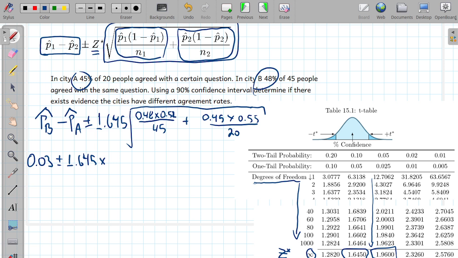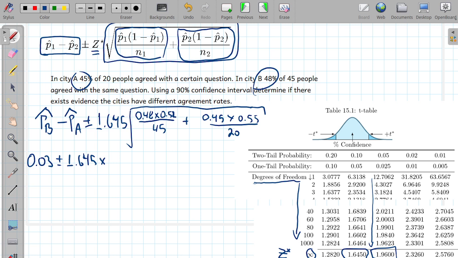Now, my trusty Texas Instruments calculator. I'm a TI guy, been one for years. It just seems to be the one that naturally makes sense to myself. I got 0.48 times 0.52, and divide that by 45. And that'll be 0.55.